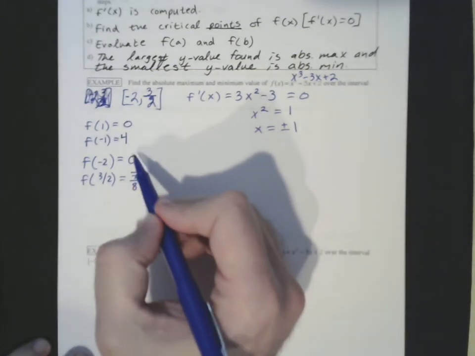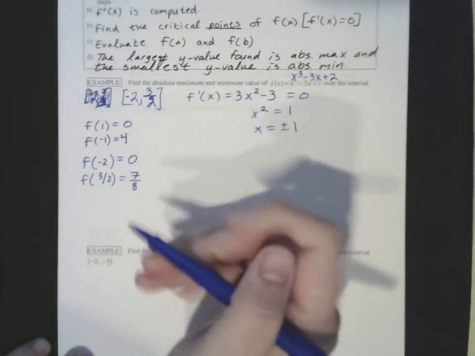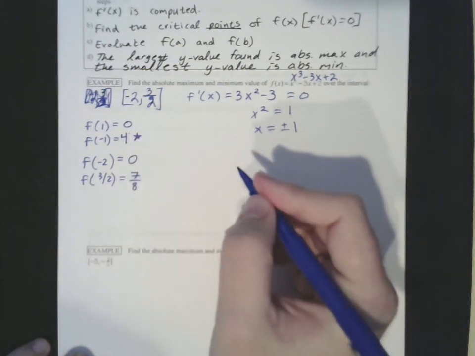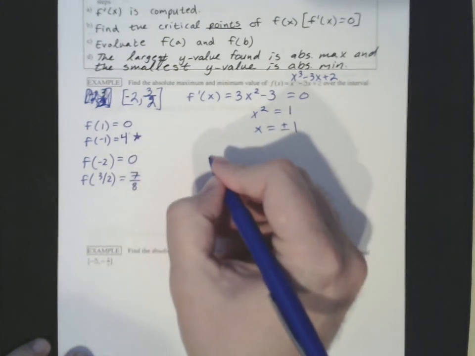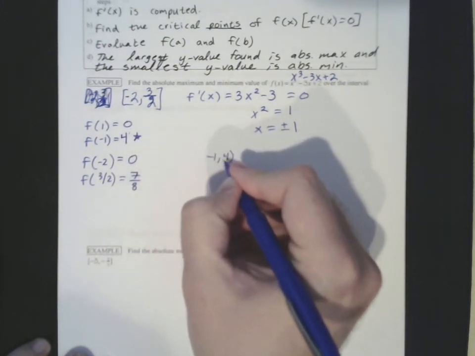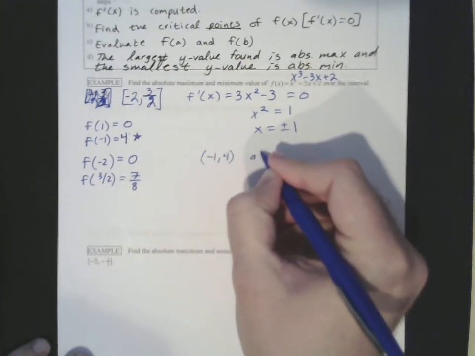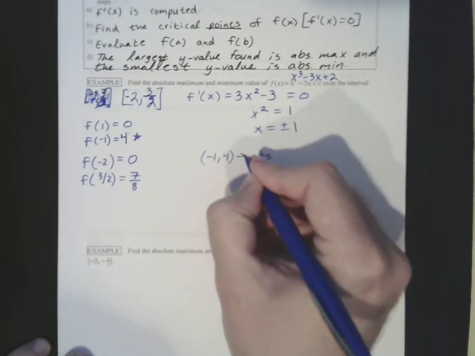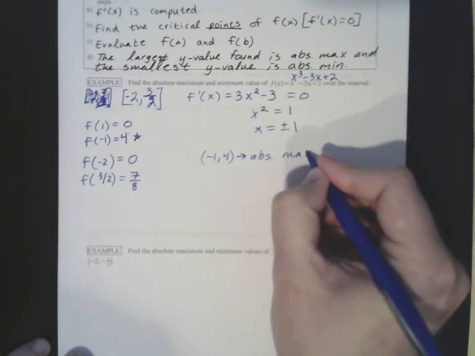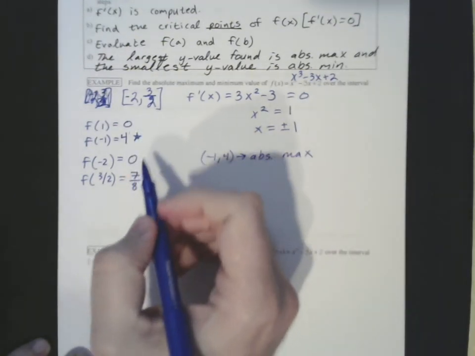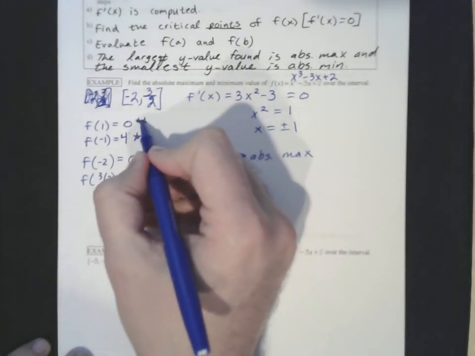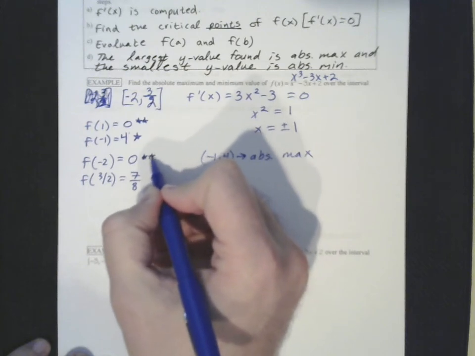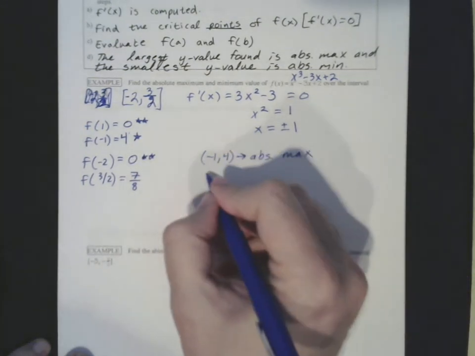So now that we have these, we take the biggest, which is this one. That means that -1, 4 is the absolute maximum. And then we take the smallest, and now there's a tie for the smallest. When you have a tie, you do list them both.